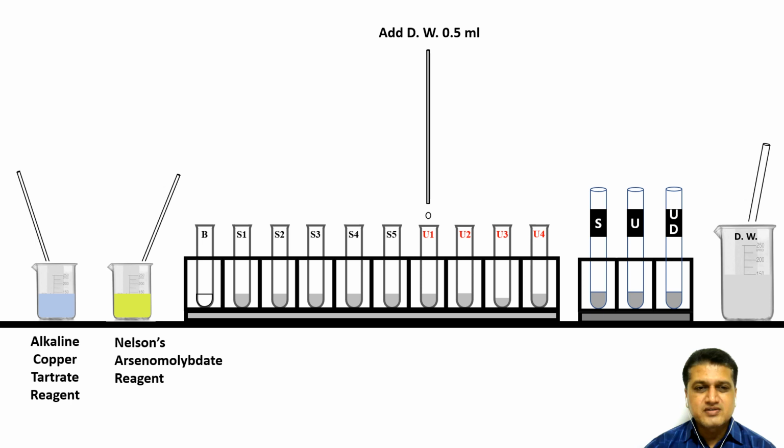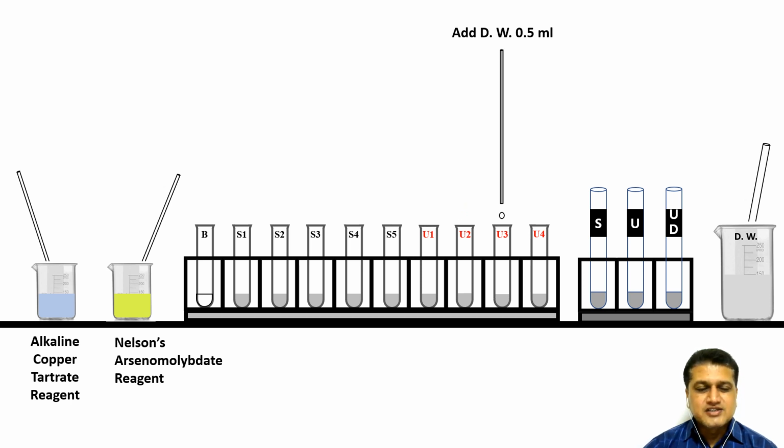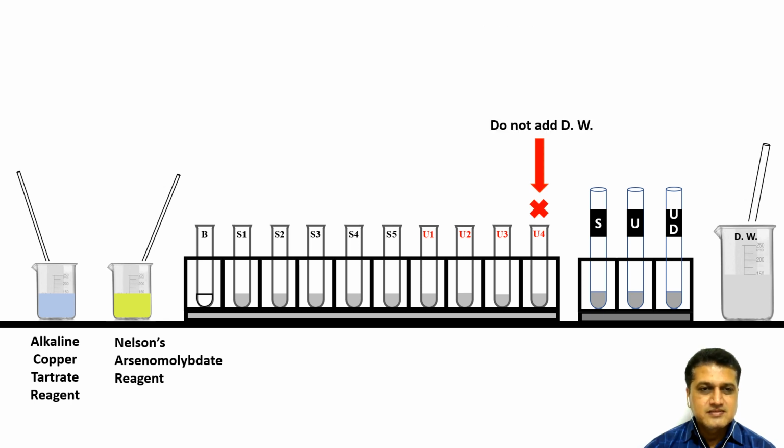Add 0.5 ml distilled water in tube U1. Again, do not add distilled water in tube U2 because 1 ml unknown glucose sample is already there in it. Add 0.5 ml distilled water in tube U3.